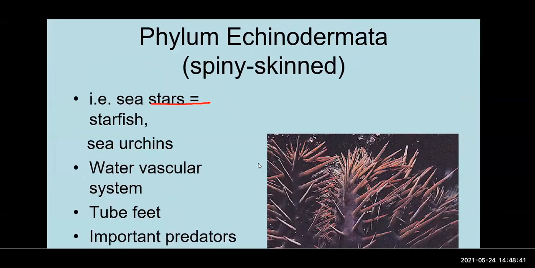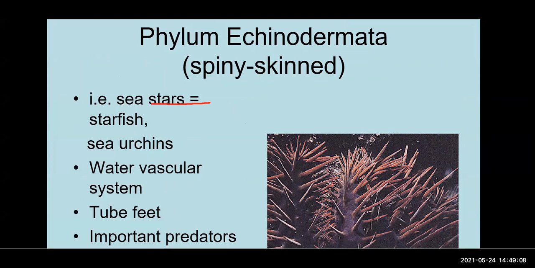We will continue with the Echinodermata, or we call it the spiny-skinned. Have you ever seen a sea star, a starfish, or sea urchin? Have you been to the beach lately? Have you ever seen this? Right? So this phylum Echinodermata, or they are called the spiny-skinned animals. Why? Because they have the spines, like the sea stars.